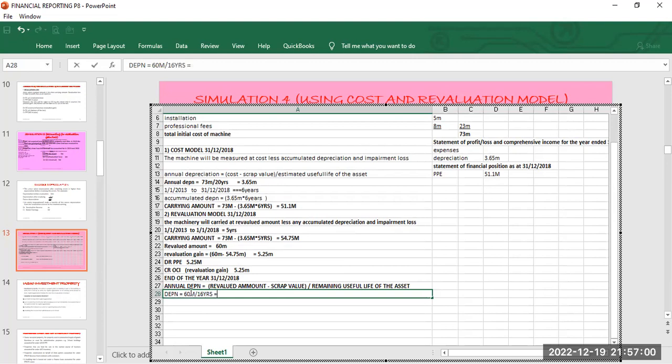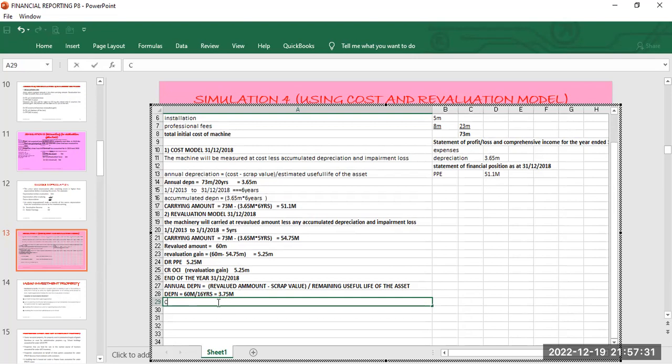And this will give us 3.75 million. So that's the annual depreciation for 1 year, meaning even in 2018, this depreciation is supposed to be taken to the profit and loss.